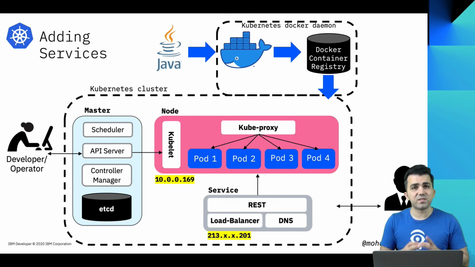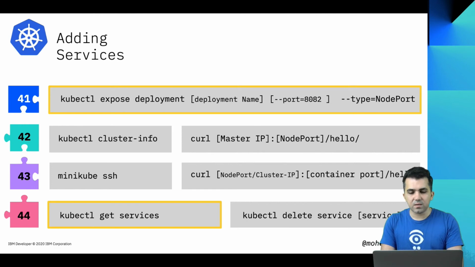And that it always refers to your service name, rather than the IP addresses coming from the pods, because those IP addresses are going to change all the time. Every time you kill a pod and a new pod comes up, there's going to be a new address allocated to that pod. Not necessarily, but it happens quite often. So you're not going to use those IP addresses. Instead, you're going to refer to your service with the service name. This is something that we're going to look at in the next part with our Openshift cluster. So remember that part.